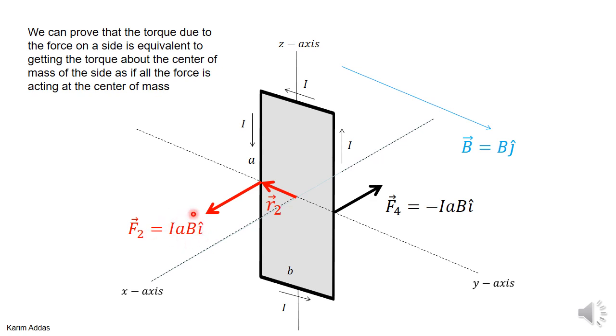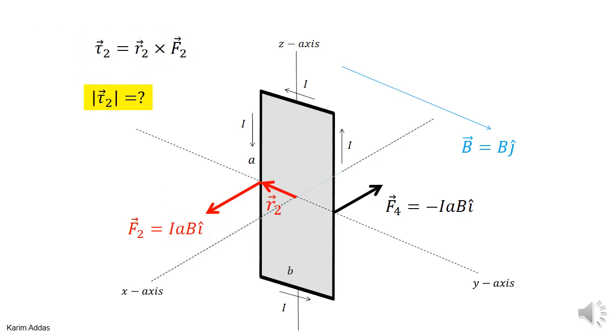F2 is the total force on this left side, and we derived the total force on the left side before, so if you don't remember this, please go back to that video to see how we got this result. So the torque is R2 cross F2. What's the magnitude of the torque first? It's R2 F2 sine of the angle between them, but the angle is 90 degrees, so sine 90 is 1.